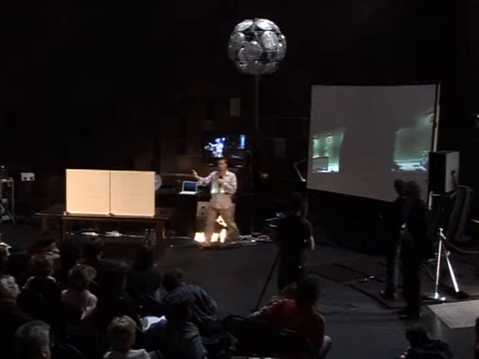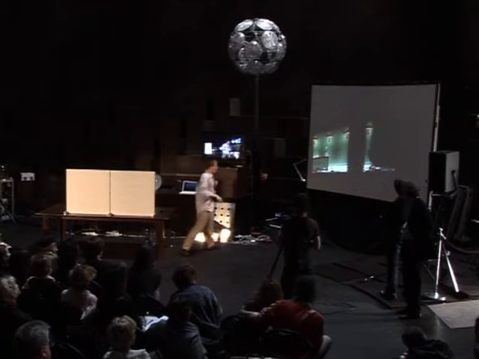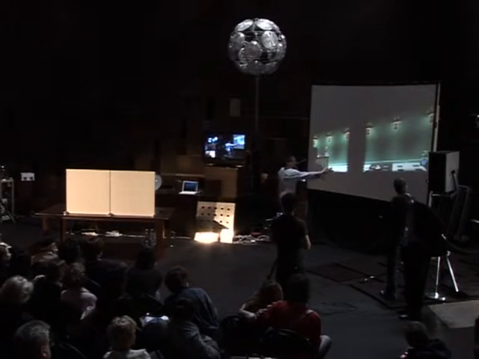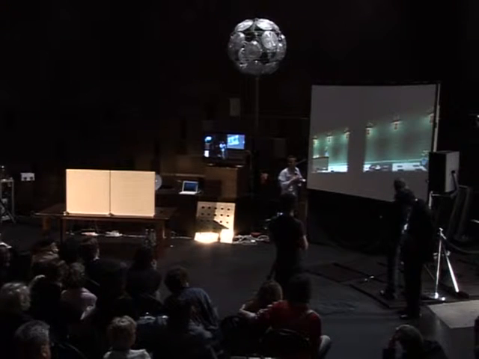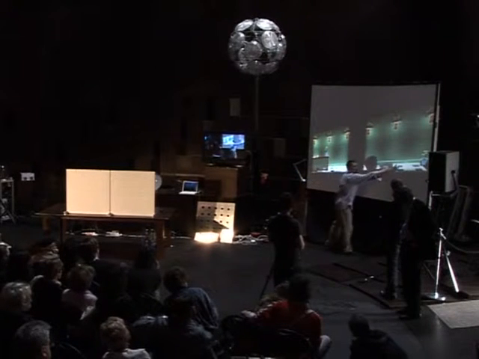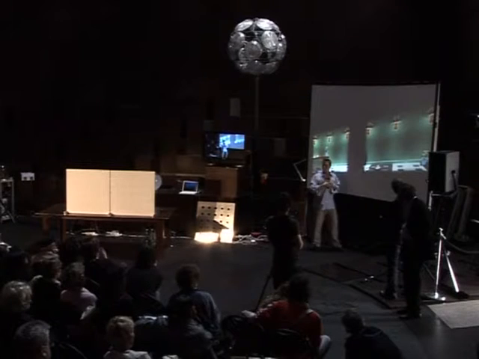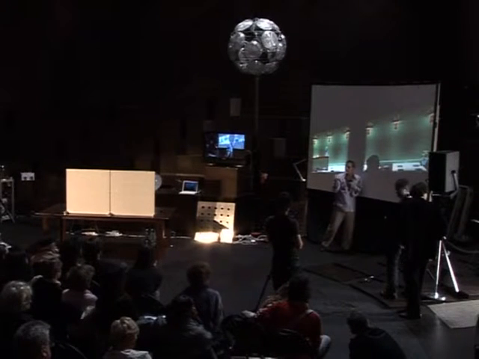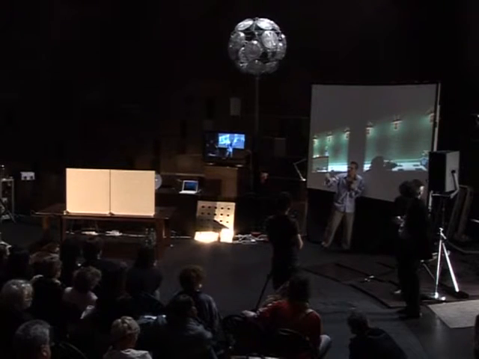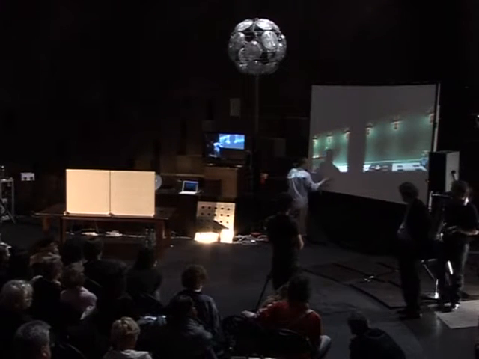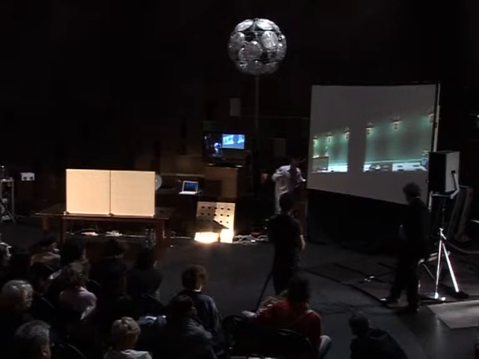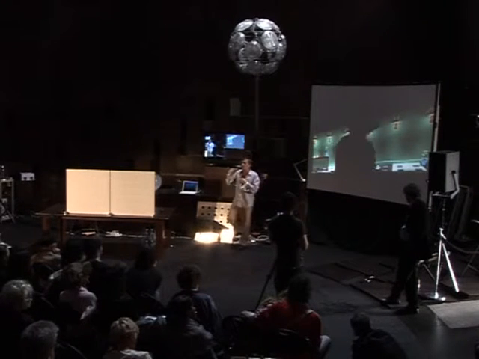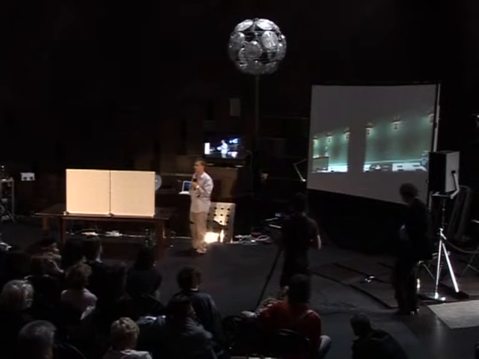But what's being presented to you is information that is consistent with your experience of two objects under different lights, whereas in this case, it's two objects under the same light. If these are objects under the same light, then they must be the same thing, so you see them as being similar. Here, the information is consistent with two different objects under different lights, and so you see them as being different. Okay?